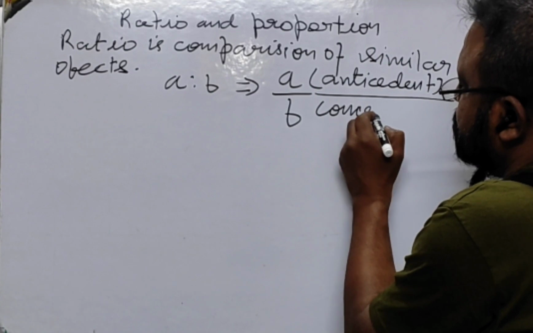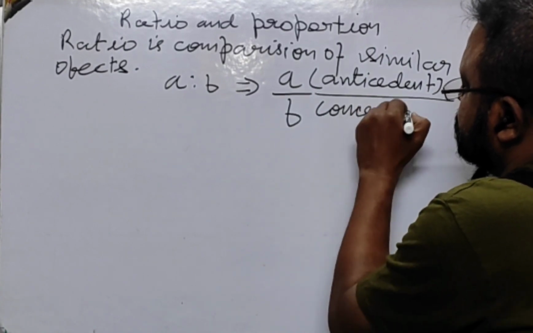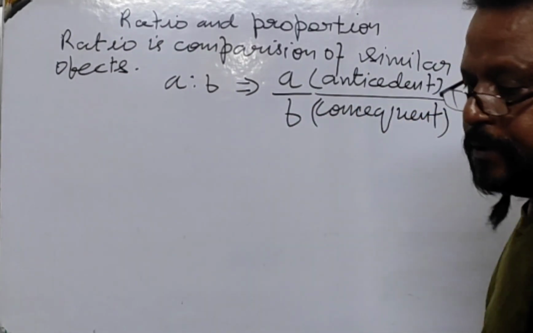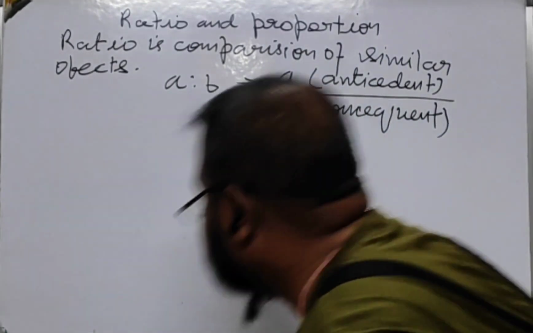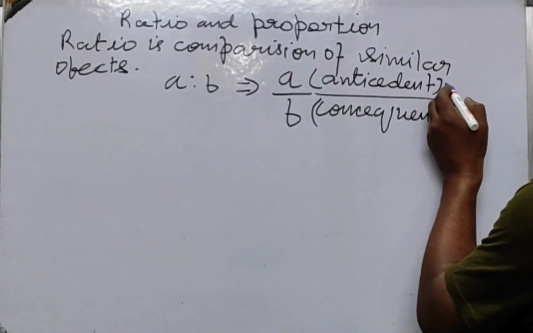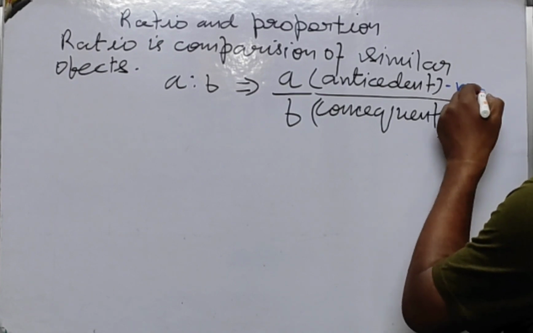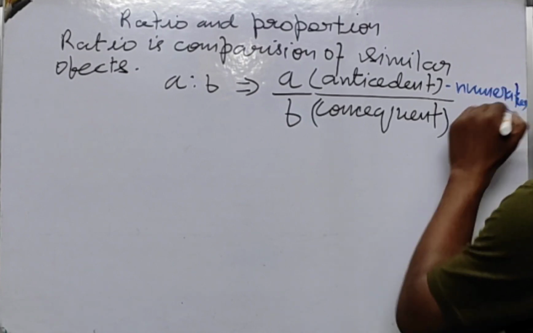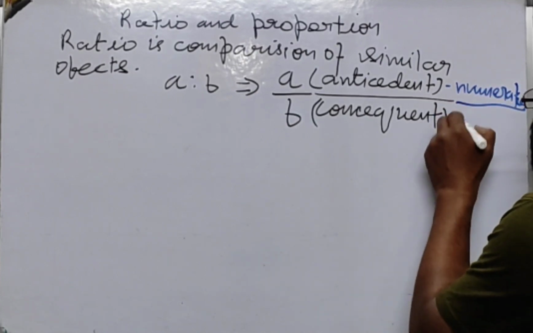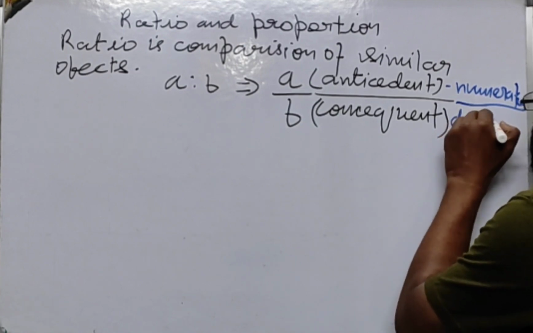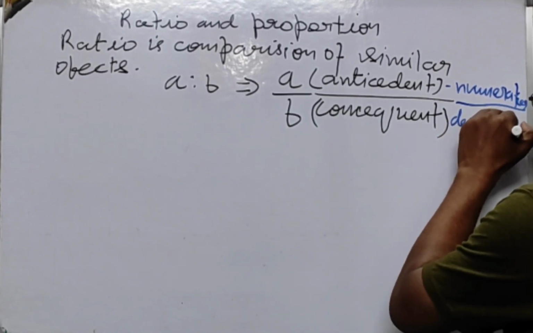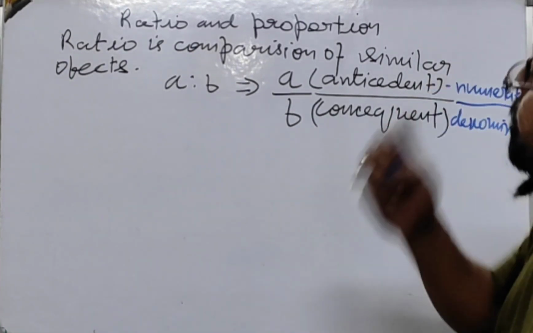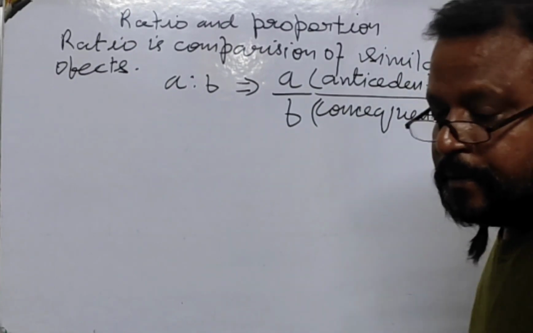In a fraction, you call it numerator, and this is called denominator, right? So this is what you have in ratio.